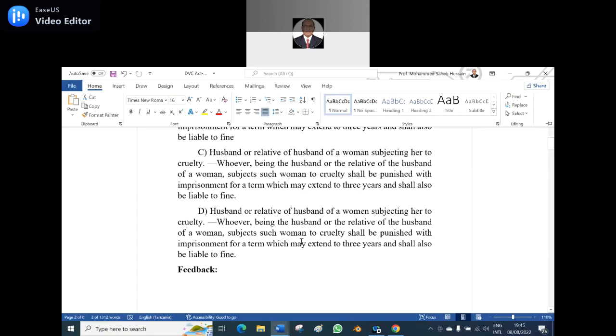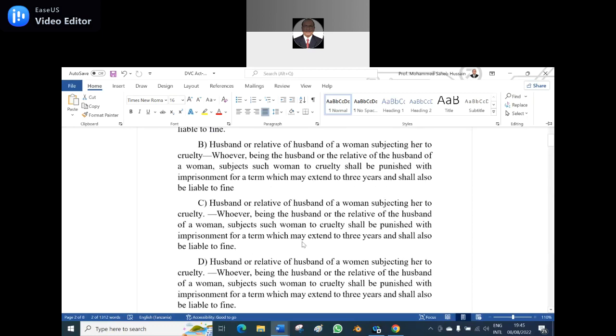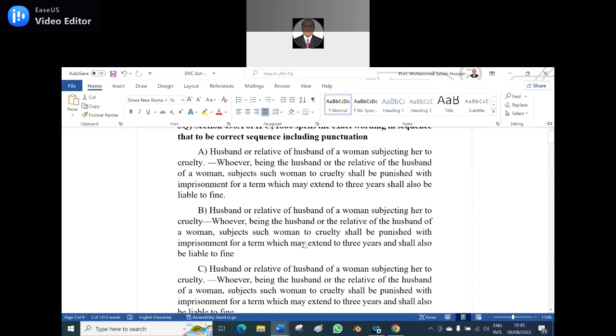D. Husband or the relative of the husband of a woman subjecting her to the cruelty, full stop and dash, however being the husband or the relative of the husband of a woman subjects such a woman to cruelty shall be punished with the imprisonment for a term which may be extended to 3 years and shall also be liable to fine. So there are the 4 options I have shown. What is the correct sequence and exact wording, including the punctuation?